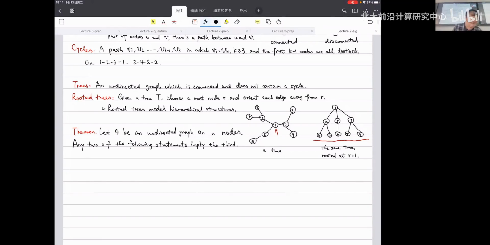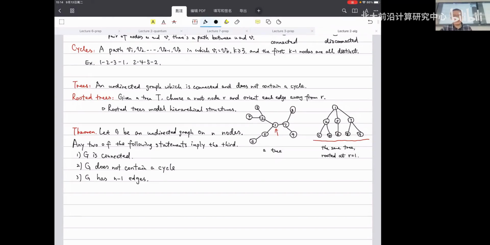What are those? First, G is connected. Second, G does not contain a cycle. Third, G has n-1 edges. So any two of the following statements imply the third.